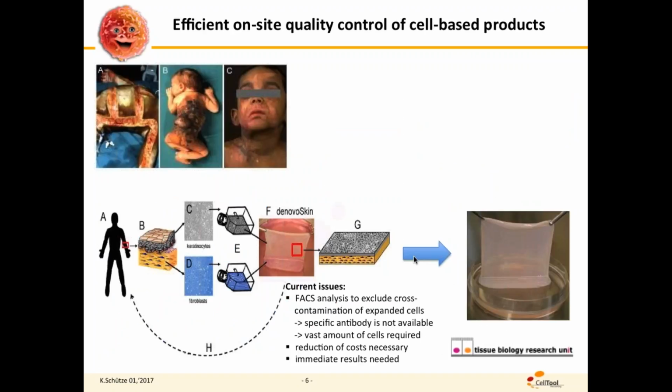And talking about cell-based products, this is a project on which we now have a lot of experience. This is a collaboration with the tissue biology unit in Zurich, and the challenge is to help people with burns or navels or scars.